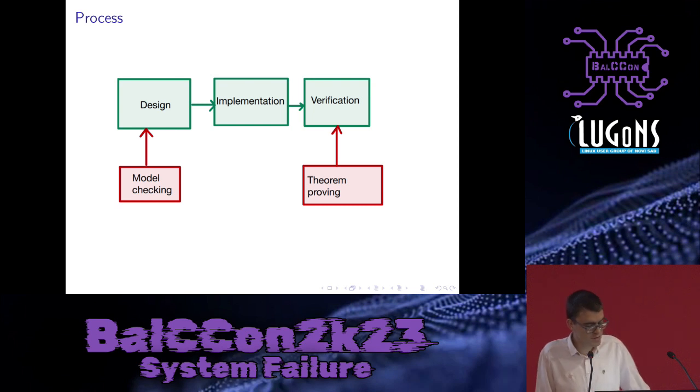But what we actually want to do is to catch some bugs in the design phase. Before we start implementing any kind of system, we want to catch bugs in architecture and design specifications. So we need a way to formally specify our designs. Usually, right now, people are doing this by writing some kind of document.